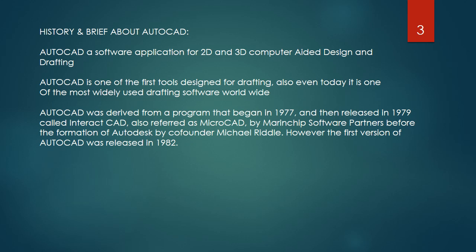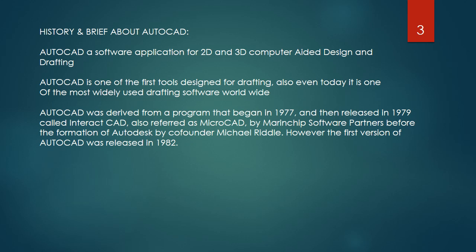AutoCAD was derived from a program that began in 1977 and was released in 1979 called CanterCadd, also referred to as MicroCAD, by Marine Chip Software Partners, before the formation of Autodesk by co-founder Michael Riedel.